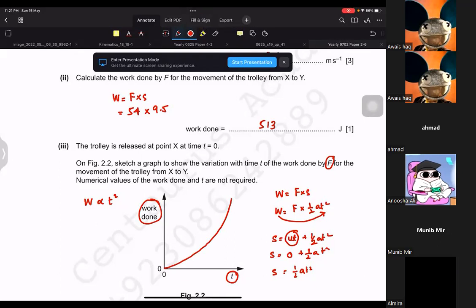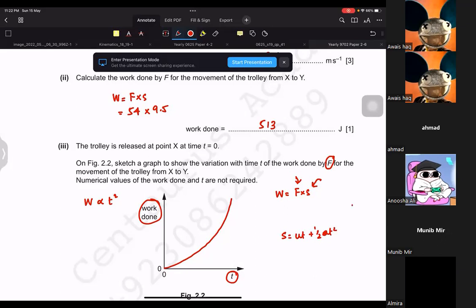Do you understand? No, could you explain this again, sir? Okay. I just thought that I don't have displacement, so I have to remove it somehow, because this is constant and doesn't really affect anything. S with respect to time is ut plus half at squared.